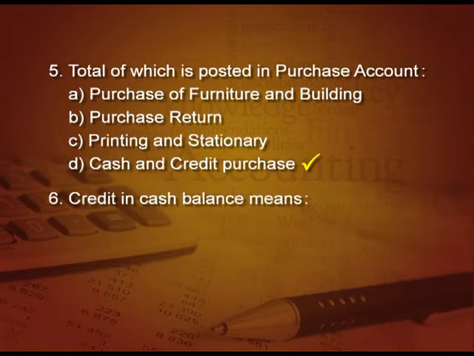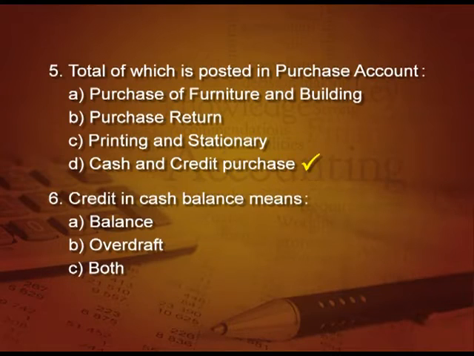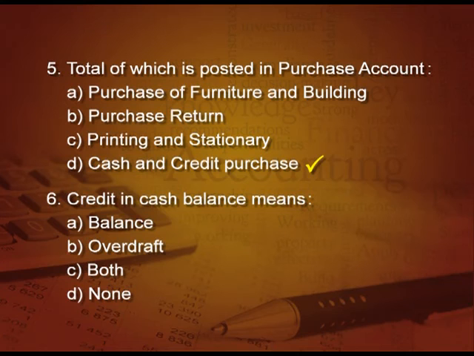Next question. Credit in cash balance means there is a balance. Second, it is an overdraft. C. Both. D. None. Yes, you are wrong. It is not overdraft, it is none, because I told you there can never be a credit in cash.